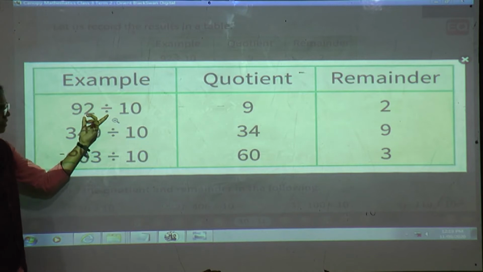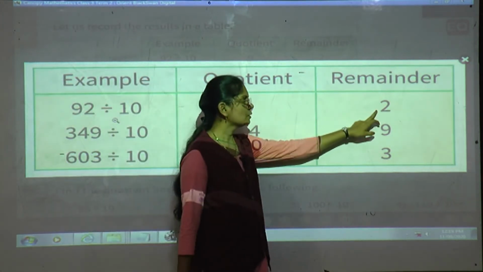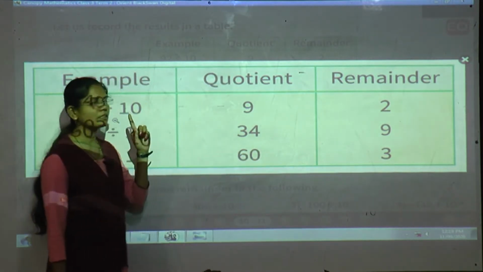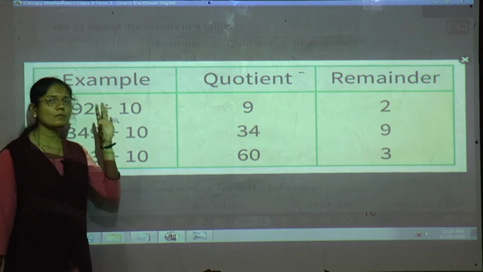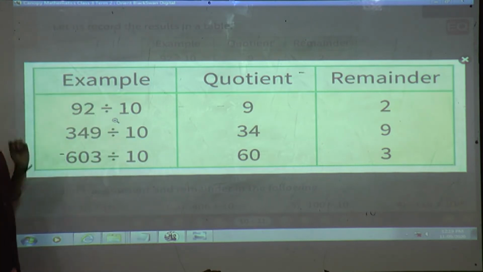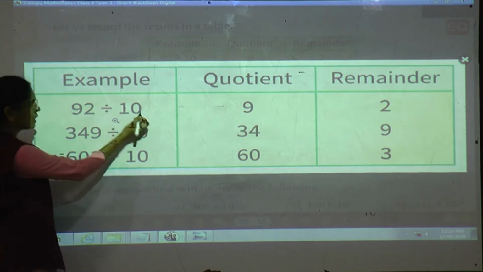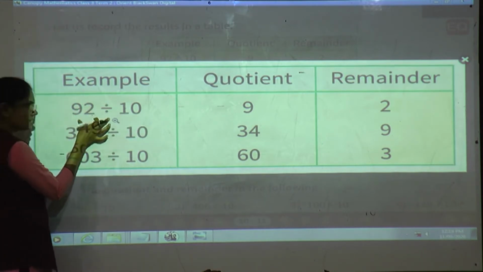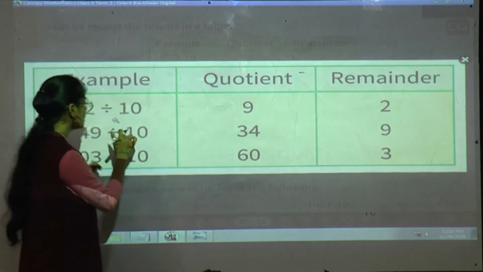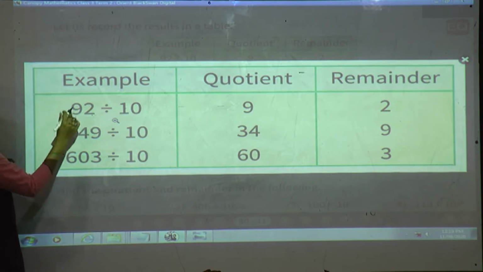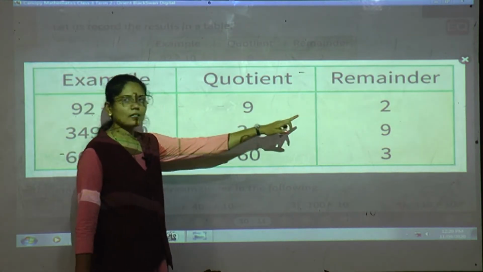After solving this example we got the quotient 9 and remainder 2. You have to see this table very carefully. Focus on the numbers. 92 divided by 10, quotient 9 and remainder 2.